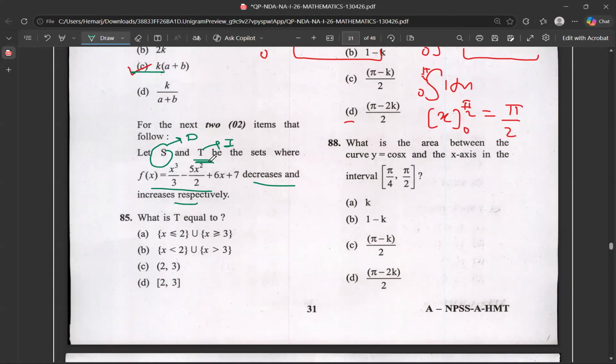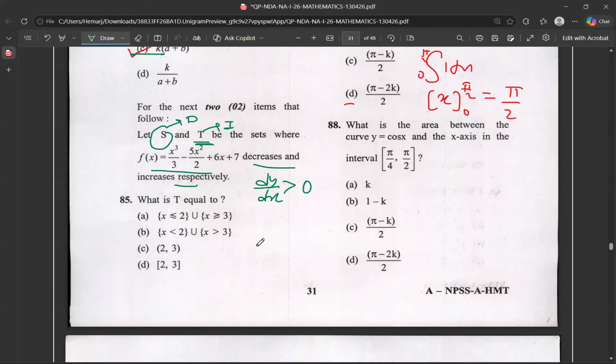So what is the condition for a function to be increasing? When our dy by dx, it means derivative of the function, is greater than 0, then our function will be increasing in that interval. So dy by dx, let's assume this is our y, do the derivative of this. This will become 3x square divided by 3 minus 2 into 5x divided by 2 plus 6, and 7's derivative is 0.